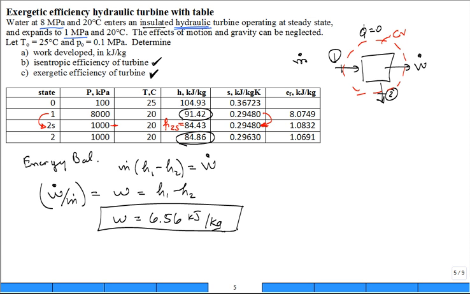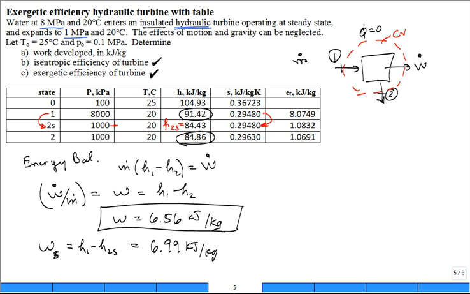And so the work, assuming isentropic expansion, H1 minus H2s, is not 6.56 kilojoules per kilogram, but is actually 6.99 kilojoules per kilogram.